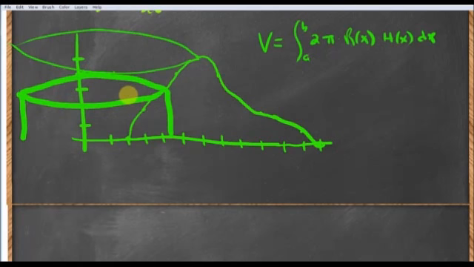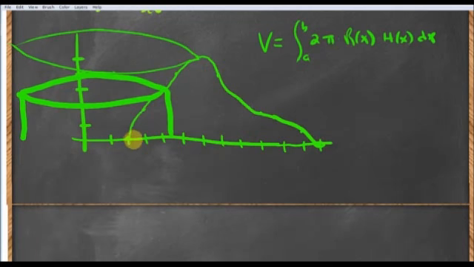And then we would find the radius of the shell. The radius is the distance from the axis of revolution out to this point. And then the height would be the distance from here to the point, so that would be my y value. And then we would find that function and integrate it.